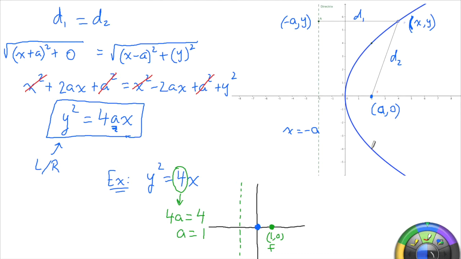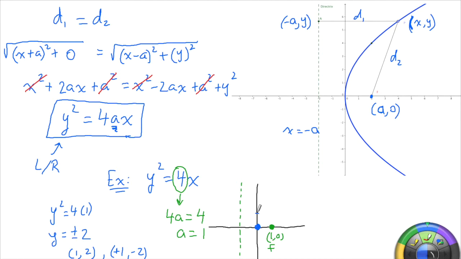Now if you remember right, when our focus was 2, we had to go 4 up and 4 down. There's an algebraic way to prove that. Here our focus is 1, so if I substitute in 1 for x, we're going to get y squared is equal to 4 times 1. Square root both sides, and we're going to get y is equal to plus or minus 2. So that means we need to go up 2 to the coordinate (1, 2), and then down 2 to the coordinate (1, -2).